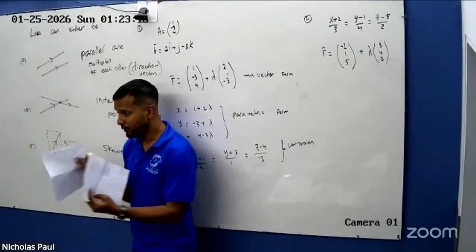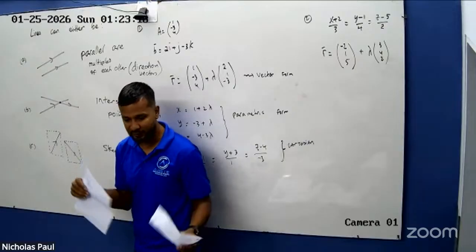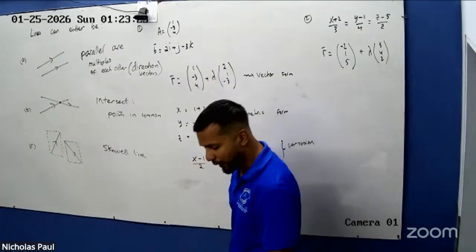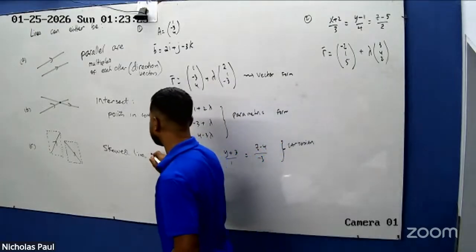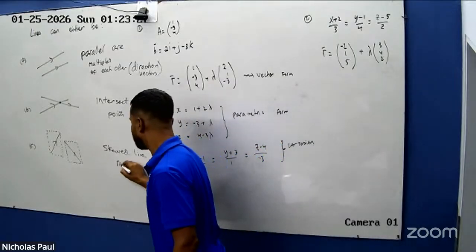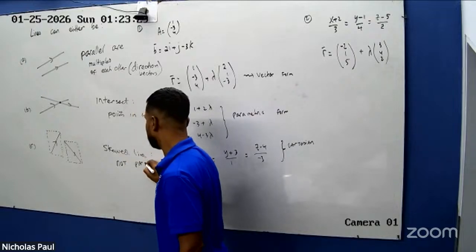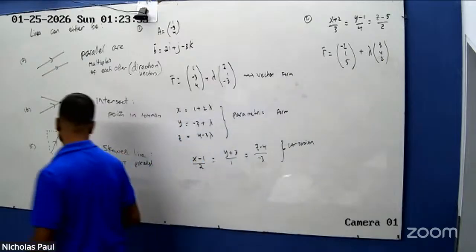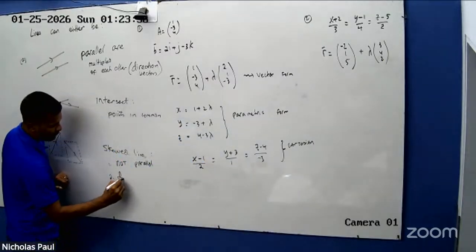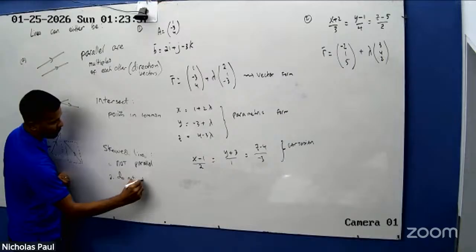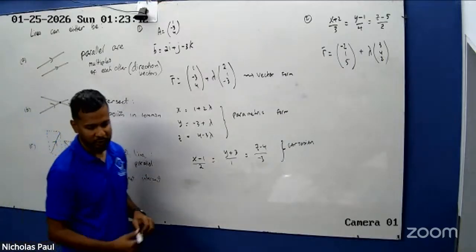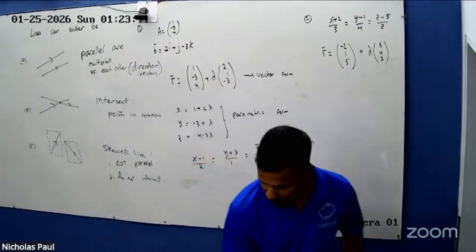There's always a space between them. So skewed lines are not parallel and do not intersect. Let's see how we're going to show that now.